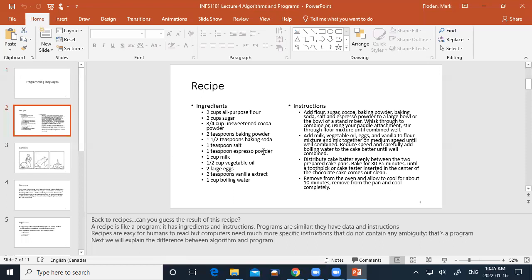So I think the point here about a recipe that you have in your recipe book for a computer is this idea of ambiguity. Computers require very precise and accurate instructions to work. If you just said to a computer, crack an egg and cook it, you have to be much more precise.